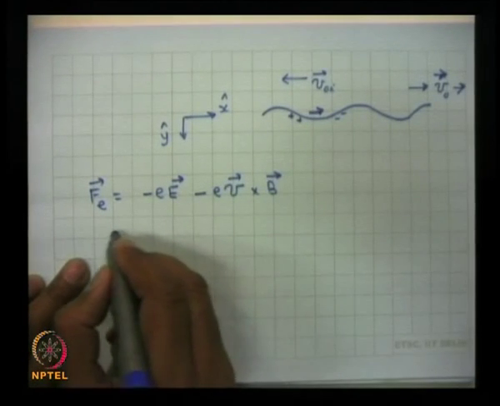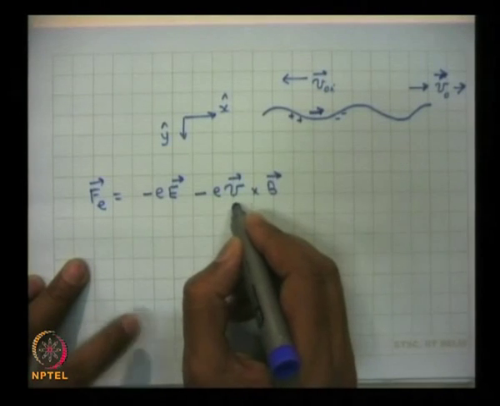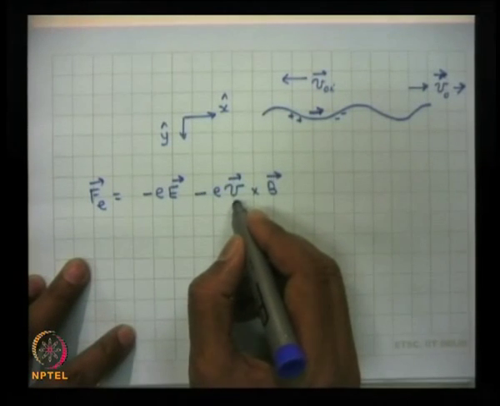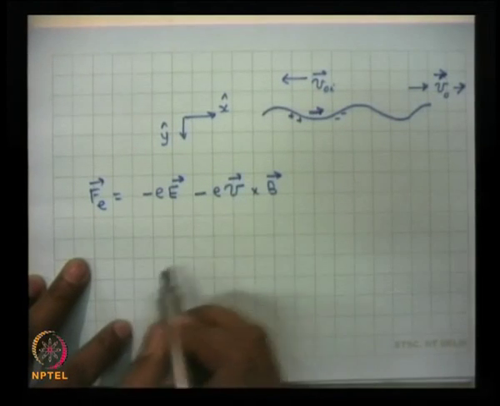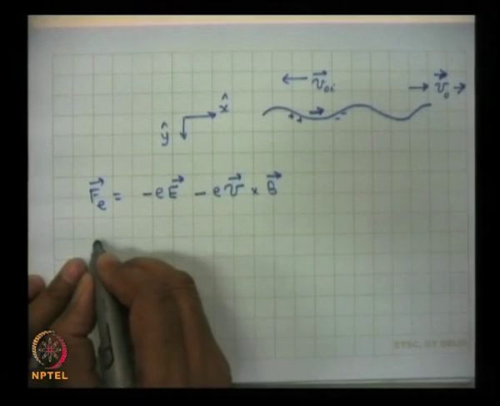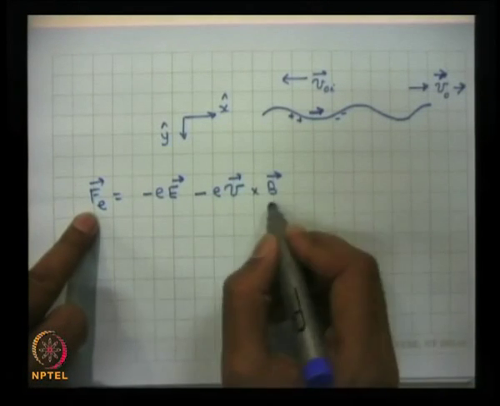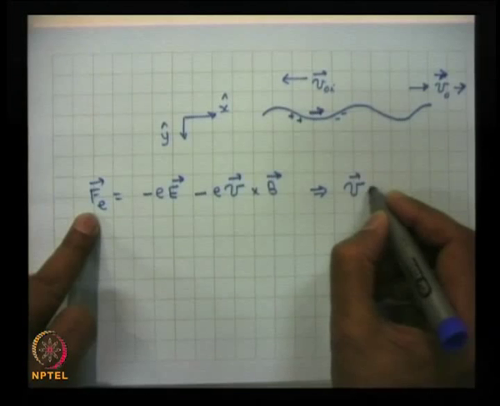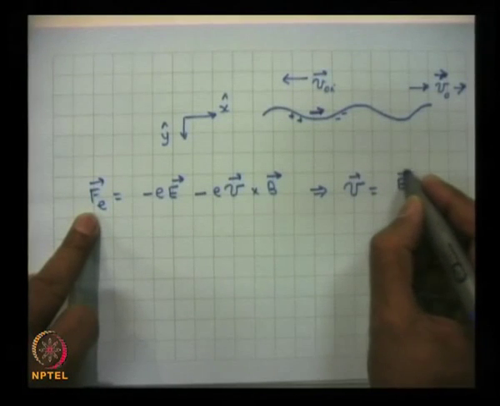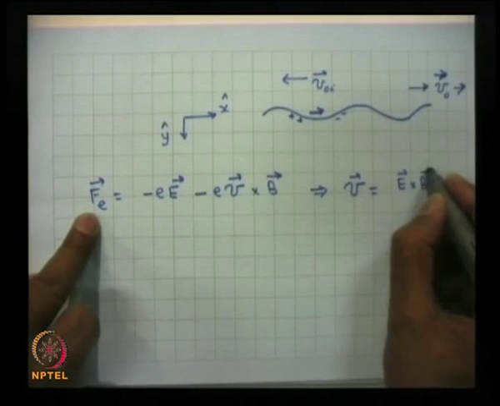So from here calculate the value of V. This I call the electron velocity that it will acquire because of the electric field, that velocity you will obtain from here. And if I balance the two, then this will give me V equal to E cross B, you can just verify this, upon B square.